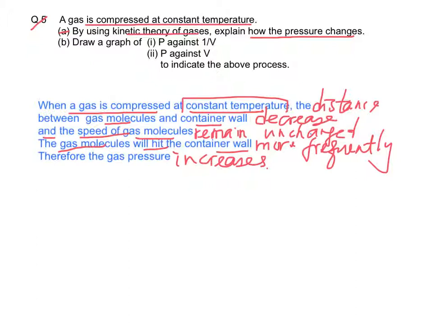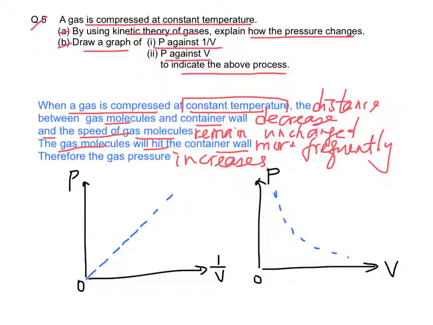Part B. Can you draw a graph of P against 1 over V and P against V to indicate the above process? To show the process of a gas compressed at constant temperature on a P against 1 over V graph, it will be something like a line from this point towards this point.